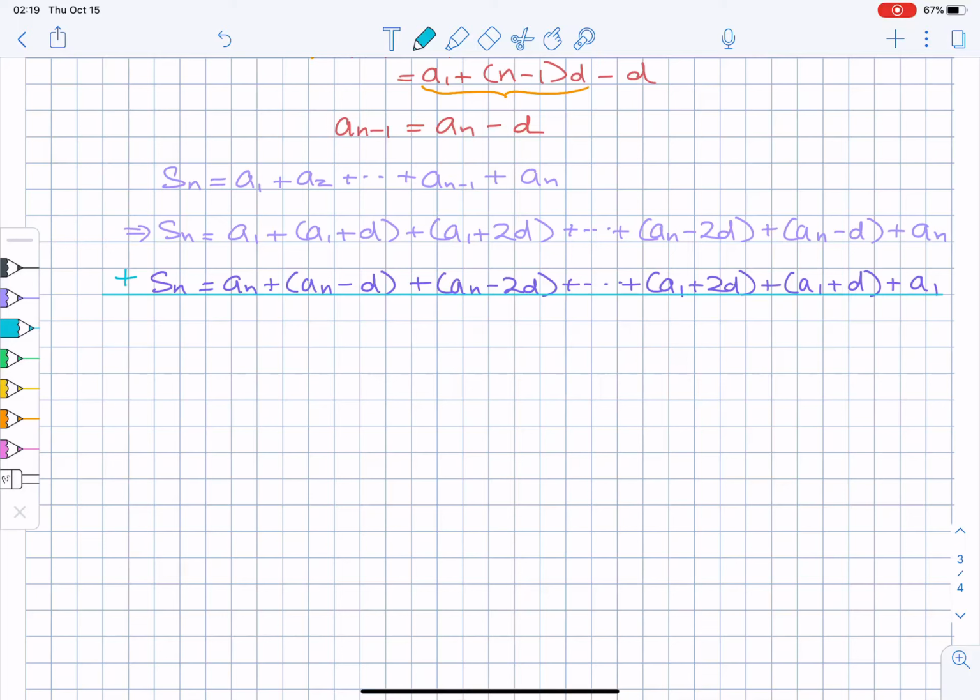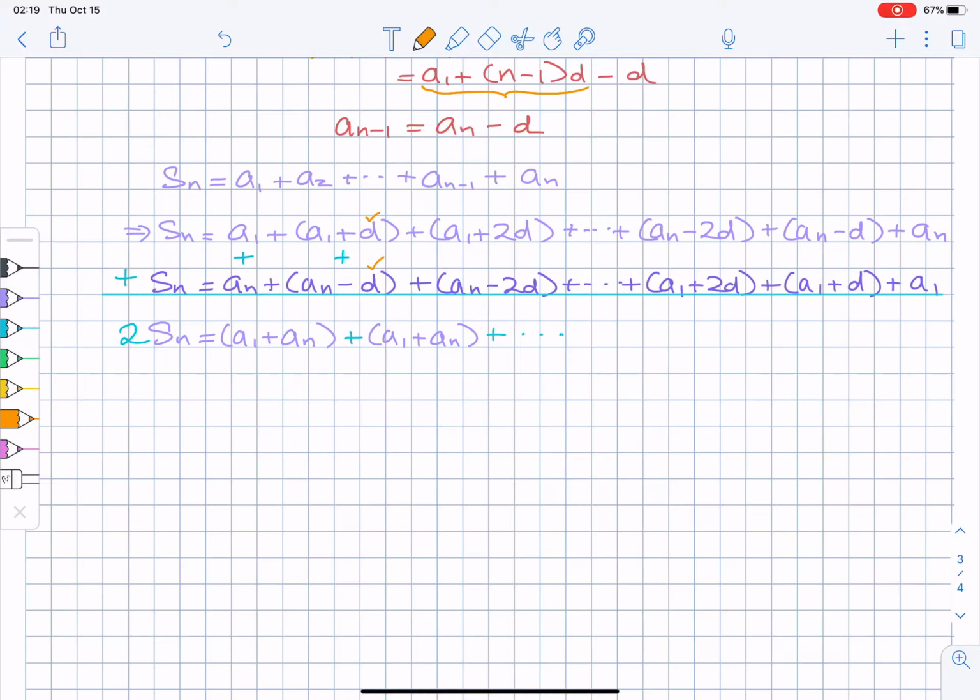So I claim that 2 times the nth partial sum will be, well, if I add these two, I will have a1 plus a sub n. If I add these two, notice that the d's sum to 0. So I'll have a1 plus a sub n plus dot dot dot.